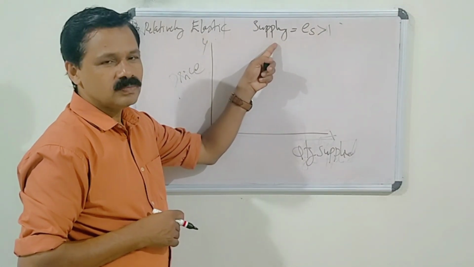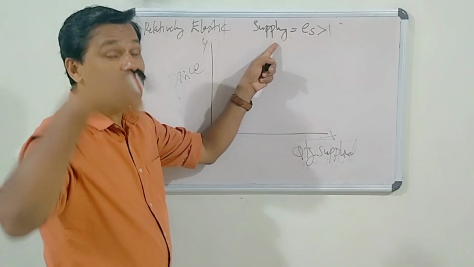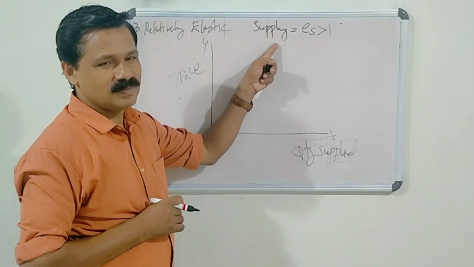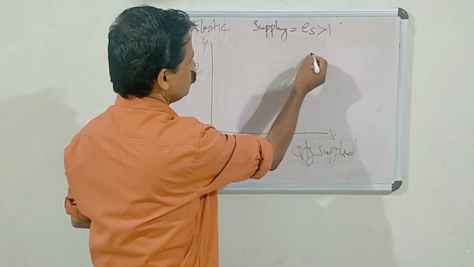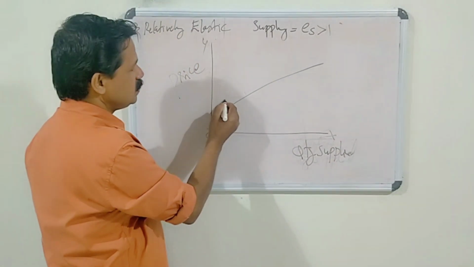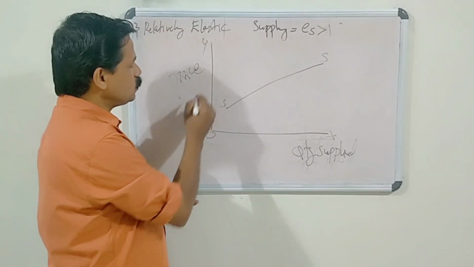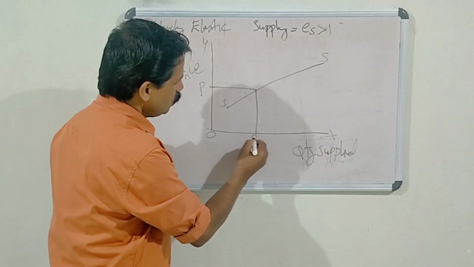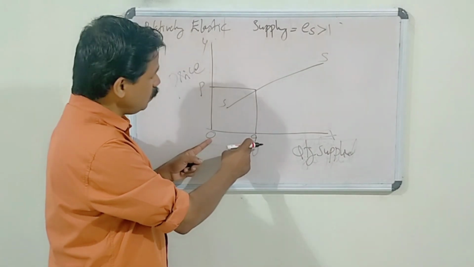I told you, the percentage change in quantity supplied will be much more than the percentage change in price. This is the relatively elastic supply curve. Suppose at OP price, this much quantity of the commodity will be offered for sale, say OQ.